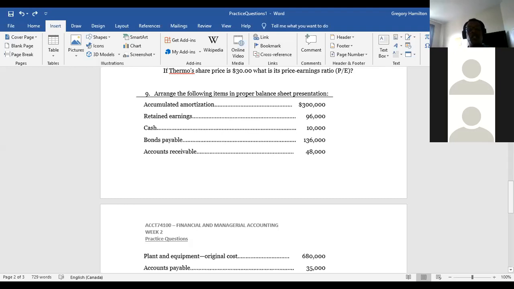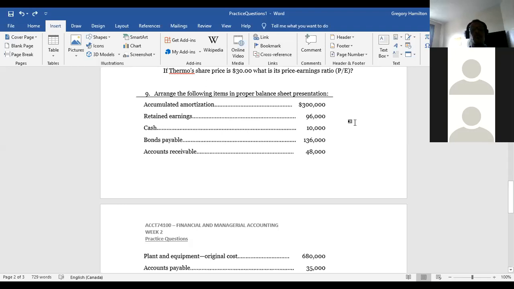So it would be the original cost minus the accumulated amortization, to give us the net of the total asset. So that would be a part of our long-term assets.